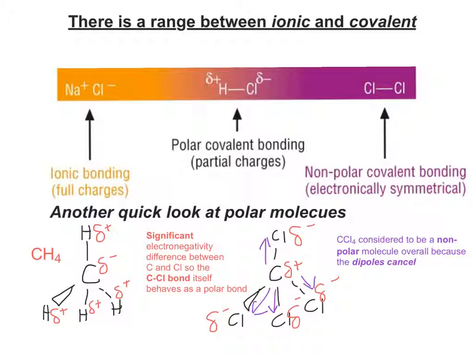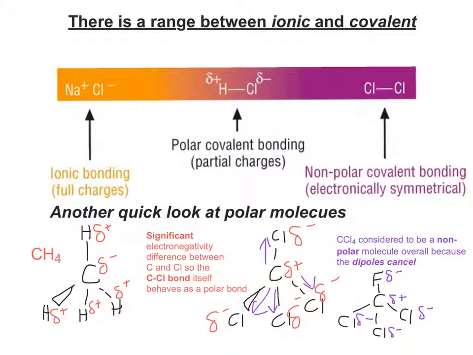So how about a slightly trickier version? Let's now look at carbon, fluorine, and then 3 chlorines on it. On this one, they all have a dipole. But the fluorine has a much stronger electronegativity than chlorine.